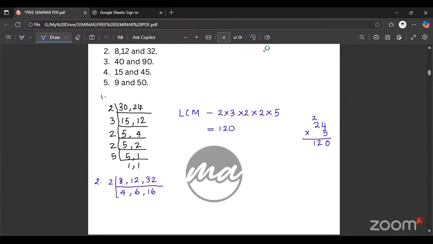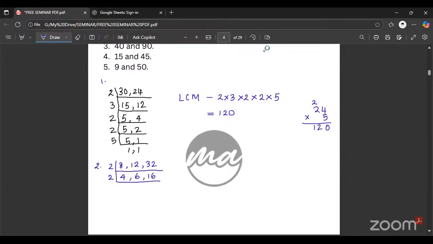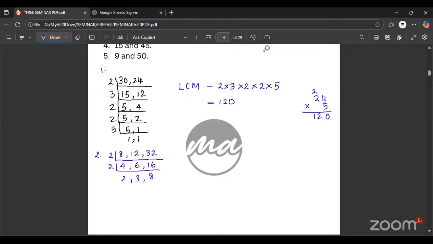Miss, can we send all the answers in WhatsApp? No, in the chat box here, in the Zoom chat box. Okay, Miss. Now we will divide again by 2, which will be 2, 3, 8. We can again divide them by 2, which will be 1, 3, 4. Now again we can divide them by 2, which will be 1, 3, 2.